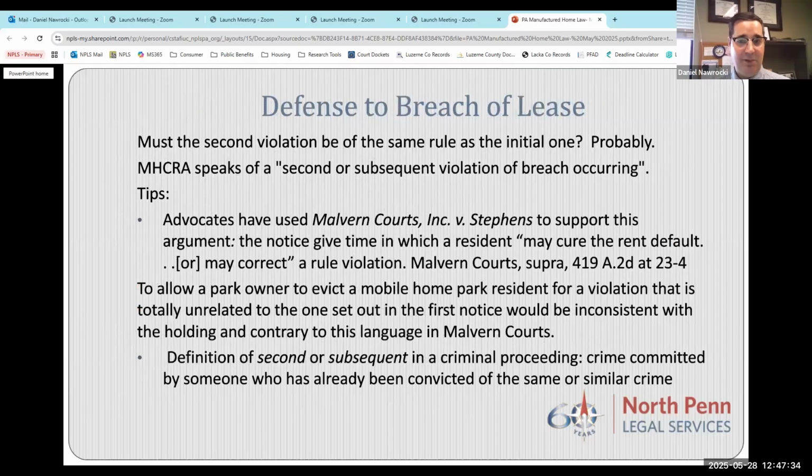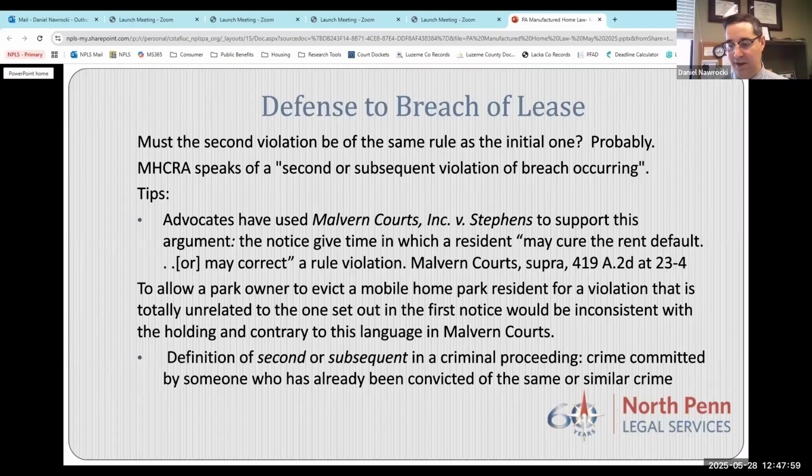So, like I said before, one question that comes up is, does the rule violation have to be the same? We argue that it would, under the Malvern Courts case, because otherwise they didn't get that first conditional notice, and that's the purpose of it, to give them an opportunity to cure.